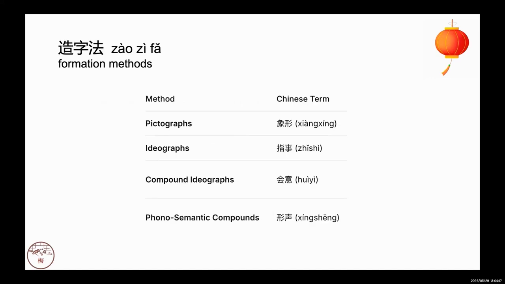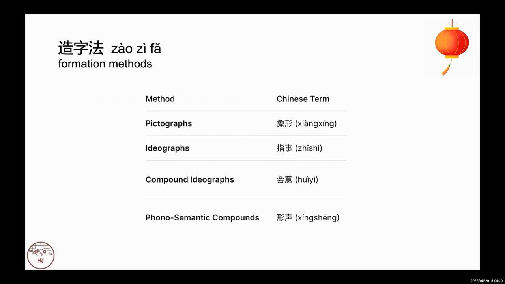Okay, the formation methods. There are 4 methods to create all of Chinese characters. The first one is pictographs. Second one is ideographs.